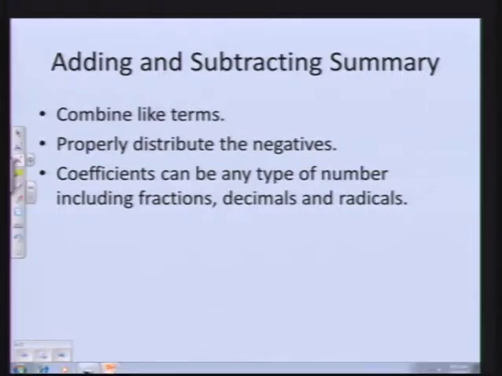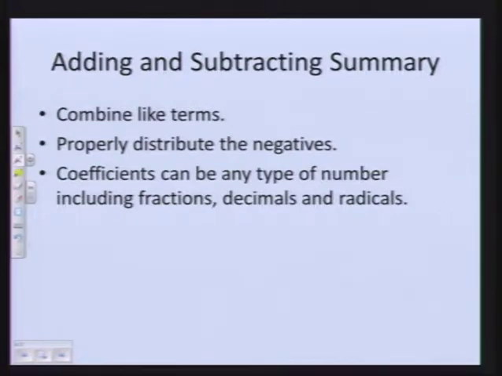Now, when you add and subtract, the main idea is remembering to combine like terms. If you remember, the like terms have the same variables, and each variable has the same exponent. When you then combine like terms, you combine the coefficients. If you have a distribution to do, make sure that you properly distribute negatives.